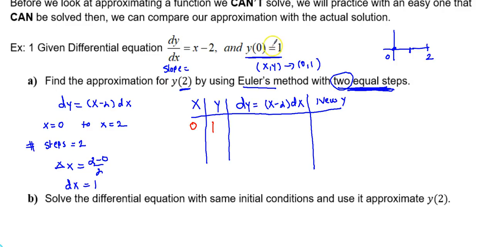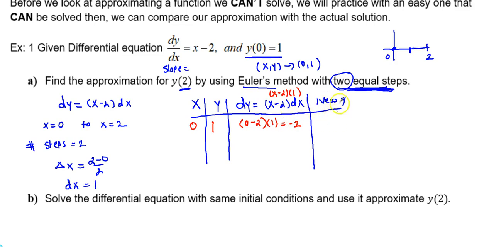That's what you begin with. For dy, you are substituting here: x is 0, so 0 minus 2, and dx is 1. So this equation will be (x minus 2) times 1, because dx is 1. This number is negative 2.